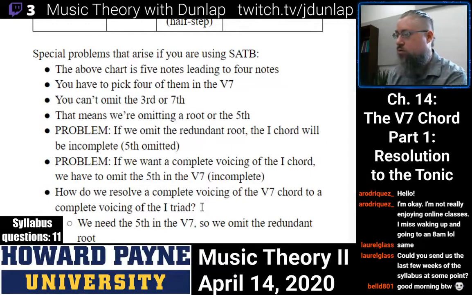The 7th and 5th of the 5/7 both lead to the tonic, which means that's our redundancy.